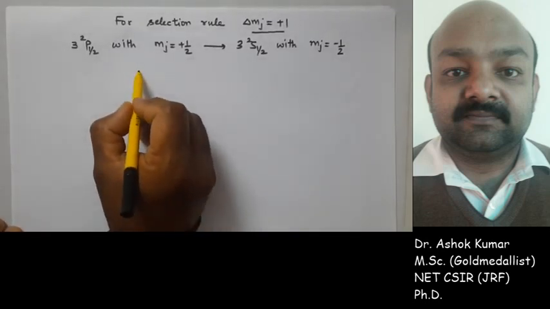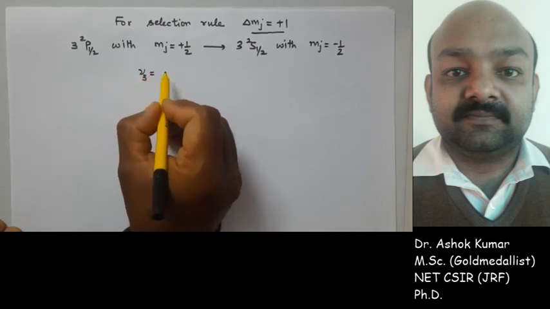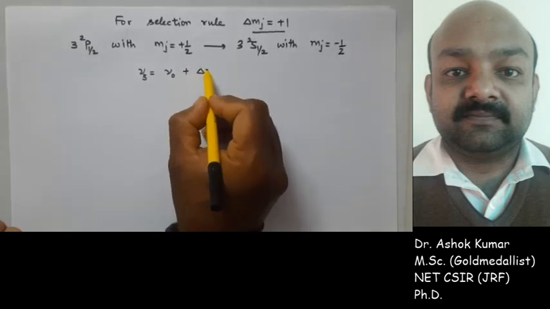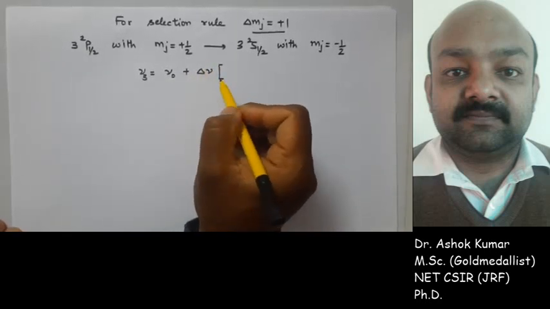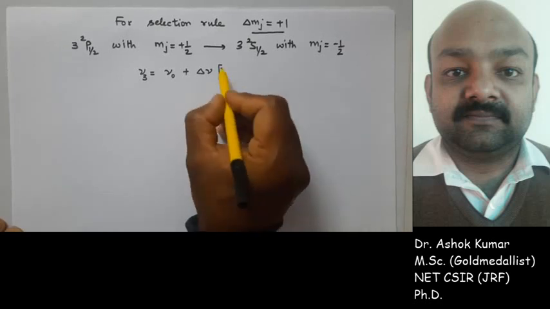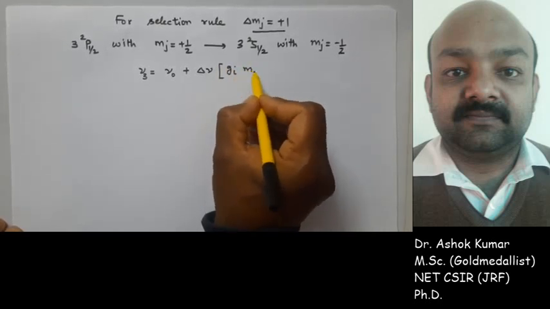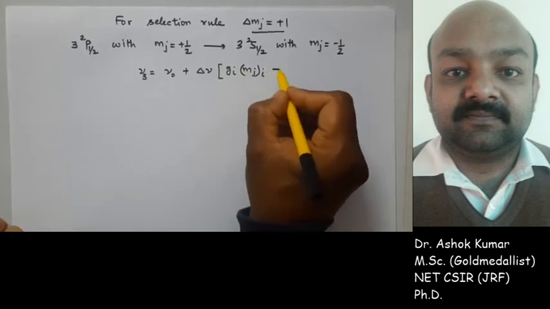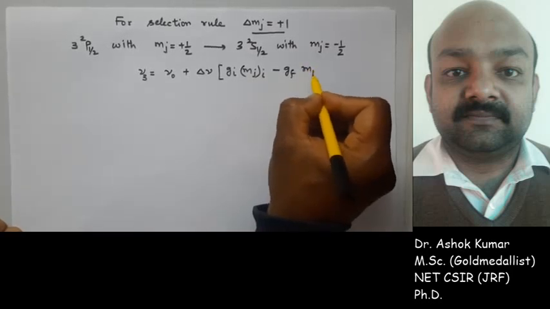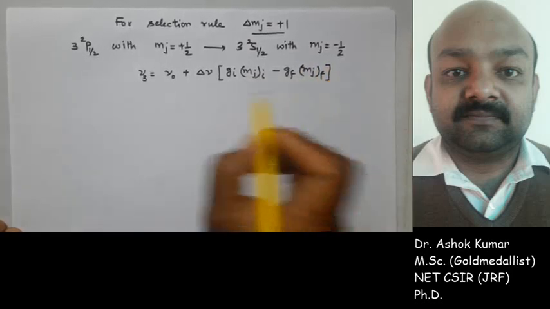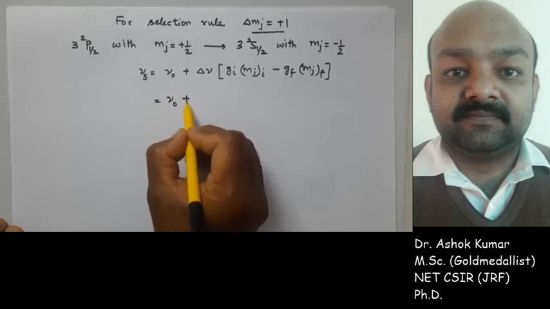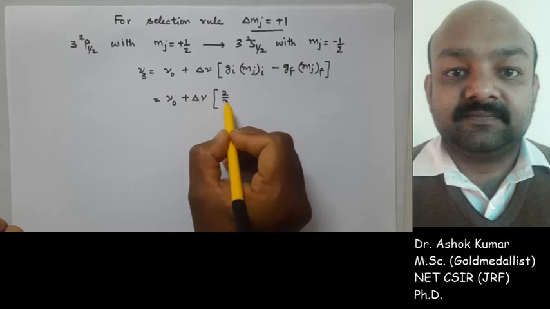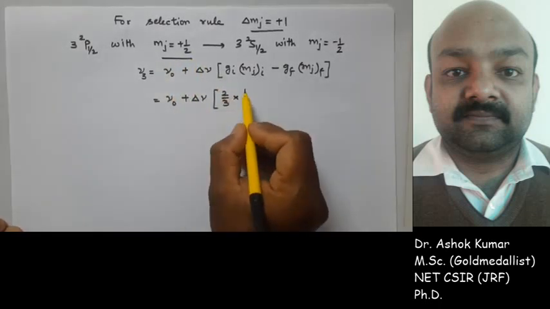Same formula, nu, I mark it as nu 3, nu naught plus delta nu. For simplicity, I will rewrite the complete formula. It will make the calculation more clear. Nu naught plus delta nu. G initial for this state we calculated equal to 2 by 3. mj value is plus half.